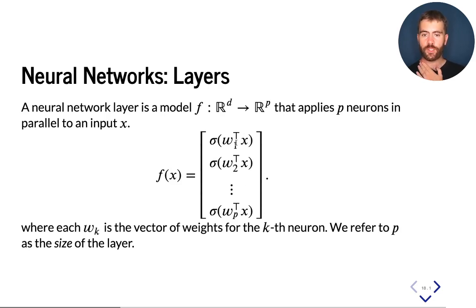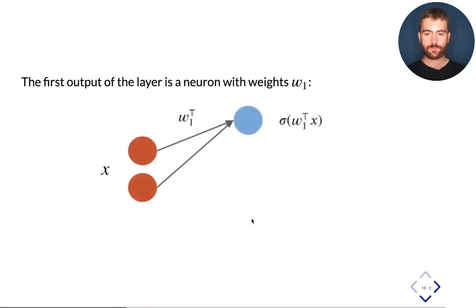Each neuron has its own weights, and typically they share the same activation function, although strictly speaking we could in principle have a layer with different activation functions. The total set of parameters of this layer is the union of all the parameters of all the neurons. We refer to p as the size of the layer, which is the number of neurons.